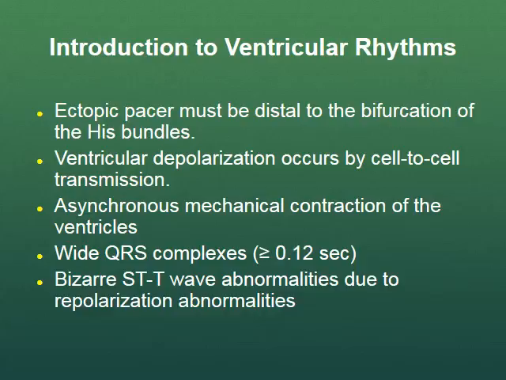Depending on where the ectopic pacer is, if it's located in the left posterior bundle, or left posterior fascicle, that whole left ventricle is going to depolarize before the right ventricle.